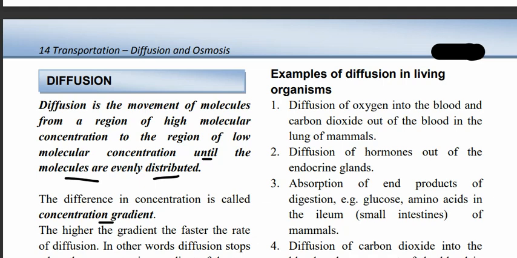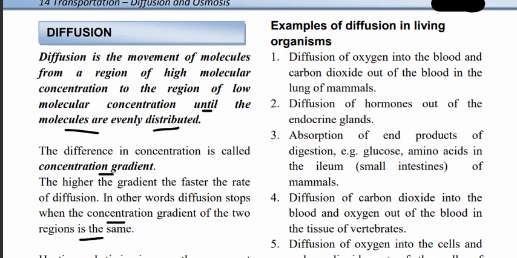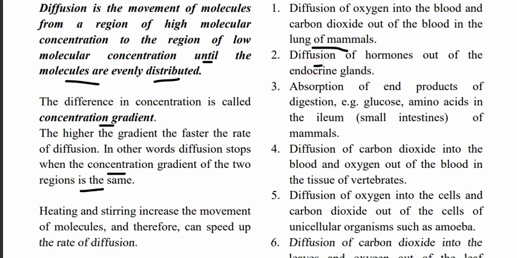Examples of diffusion in living organisms. First one, diffusion of oxygen into the blood and carbon dioxide out of the blood in the lungs of mammals. We also have diffusion of hormones out of the endocrine glands.